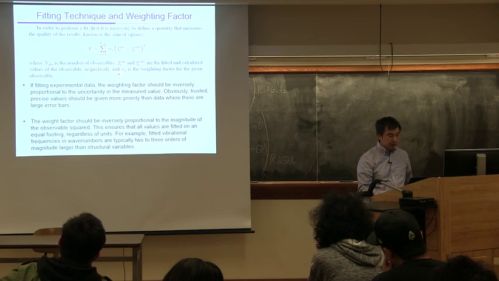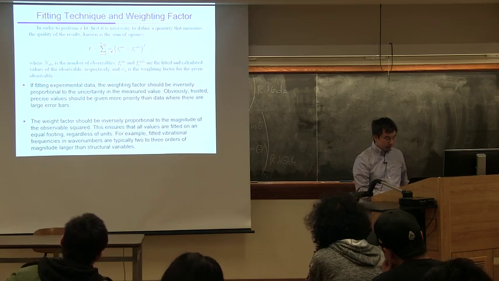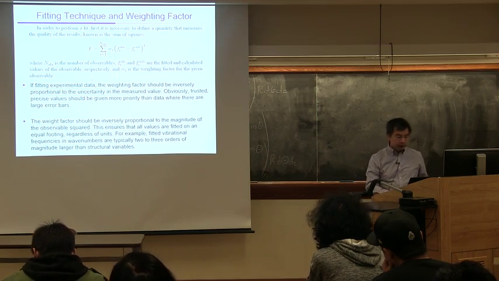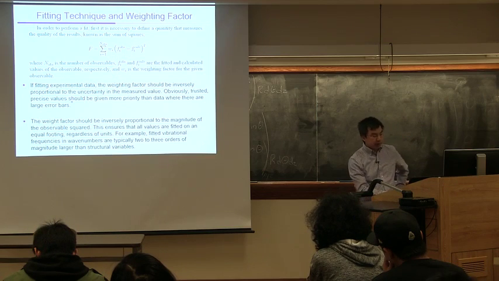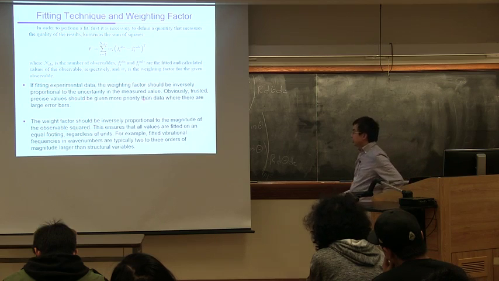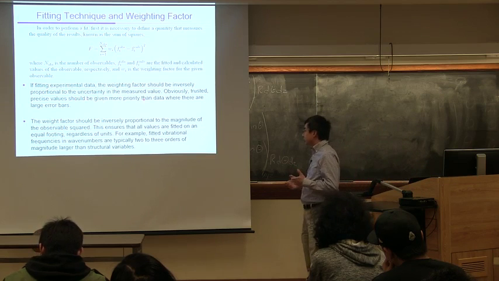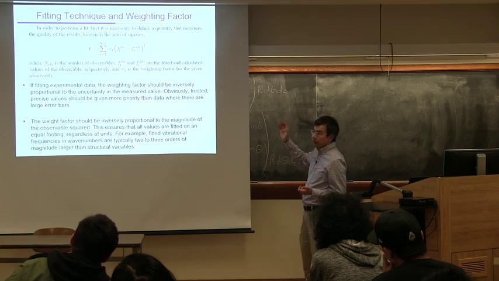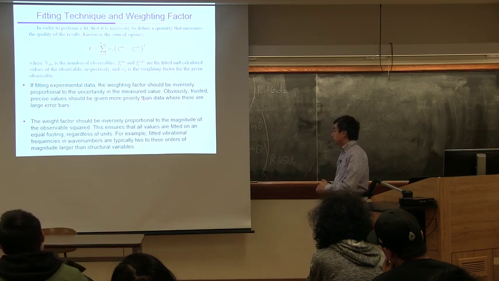So how do we assign the different weighting factors, right? If we fit to experimental data, the weighting factor should be inversely proportional to the uncertainty in the measured value. This is pretty straightforward. Certain measured values can be more trusted, right? With less uncertainty, we should give those a higher weighting factor.